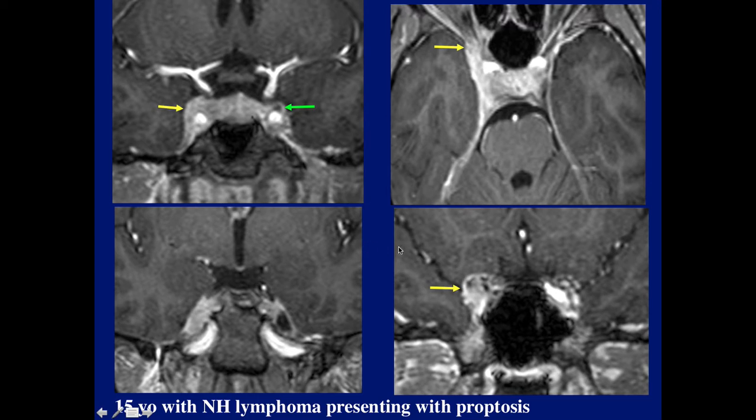This was a 15-year-old with non-Hodgkin's lymphoma, presented with proptosis, and we can see the involvement of the cavernous sinus, but look how it extends into the orbital apex here. That's why the patient had proptosis. Notice, by the way, on the opposite side, this is the third nerve, which is sometimes seen when there's marked enhancement.